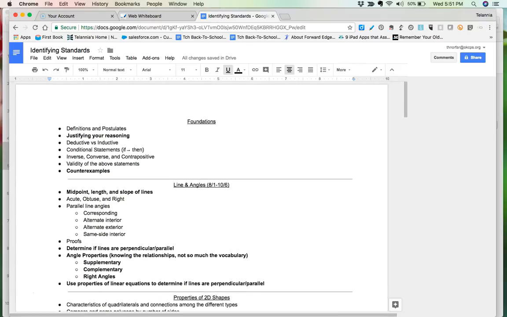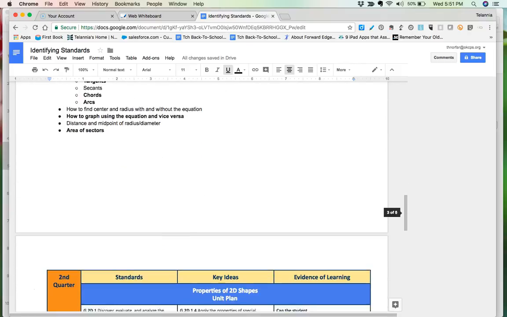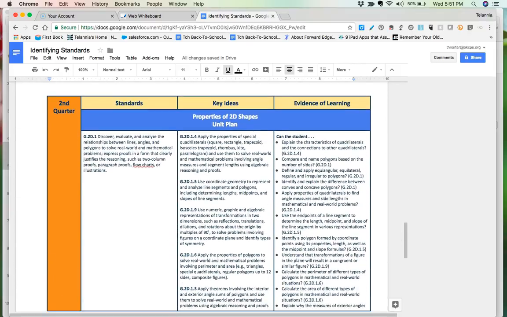If you don't have a PLC that would come up with something like this, let me scroll to the second part. You may have something like this, and this document is available in the Edmodo folder for you to view. Districts often bundle what you're supposed to teach and cover in a period of time as well.